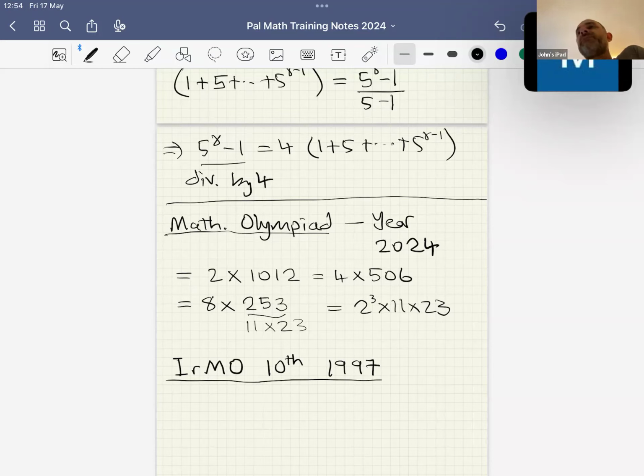So we have 3 levels: a local competition, the national competition which is harder, and the international competition which is much harder. So this is not at the standard of the international competition.